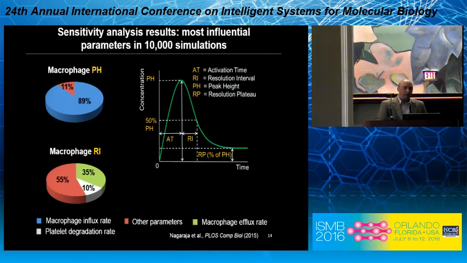And in the remaining 55% of the simulations, it was different parameters in the model depending on the simulation, but none of them were as prevalent as the first two. So these results clearly show that according to our computational strategy, macrophage efflux and macrophage influx can very strongly influence the inflammation time course.